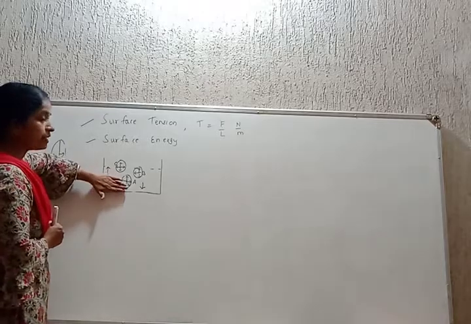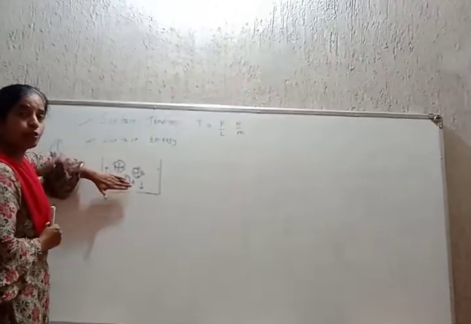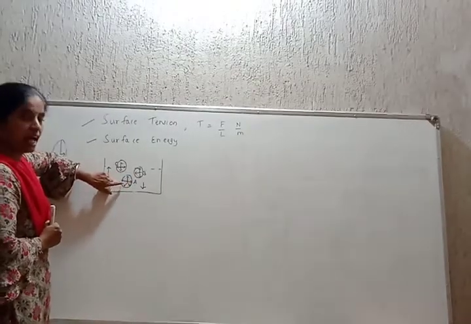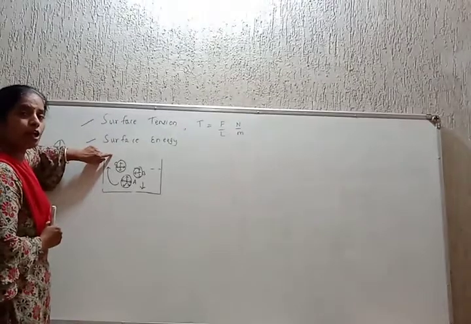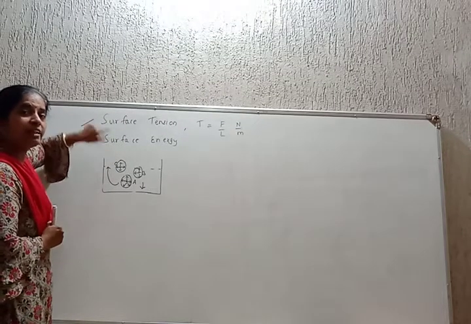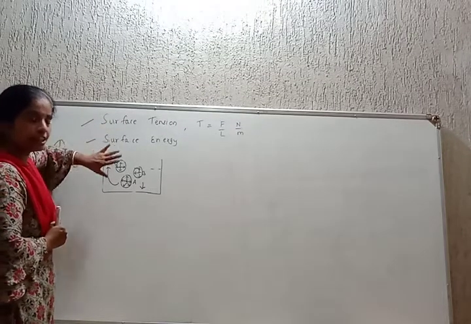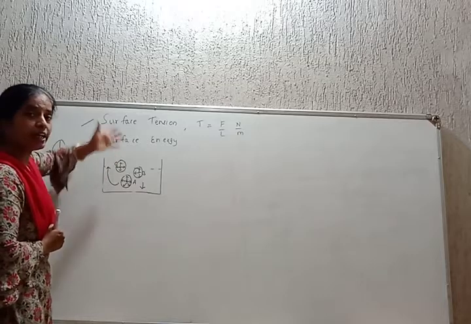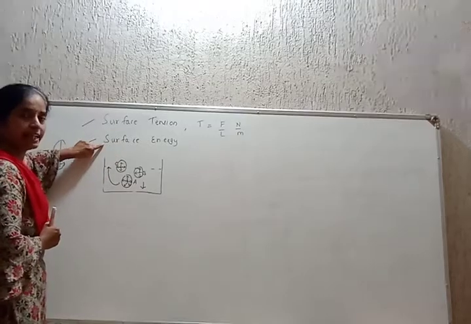The difference between the potential energy of the molecule when it was in this position and when it is brought to the surface, the work done, is called surface energy.